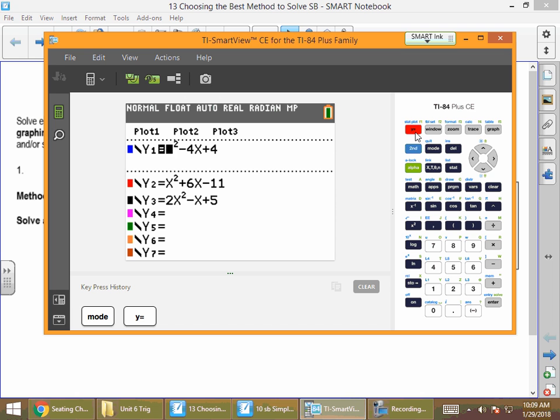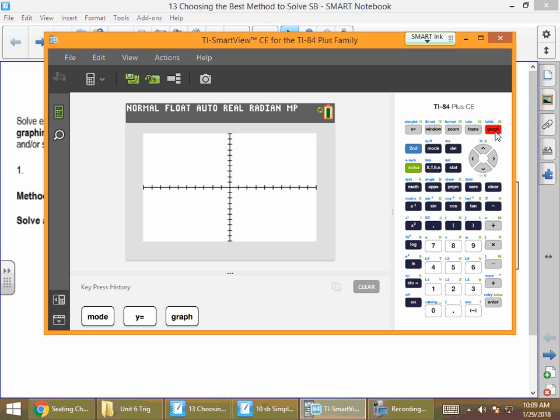And once we press graph, it will kind of give us some idea of whether we can identify an answer or not. And what I see on this first one is that we can define the solution. It is at our x-intercept at this value right there, which happens to be 2.